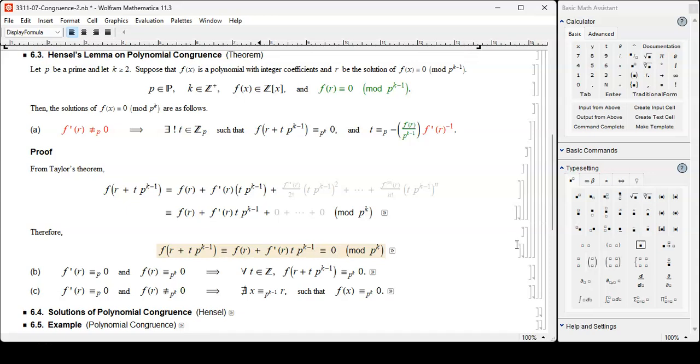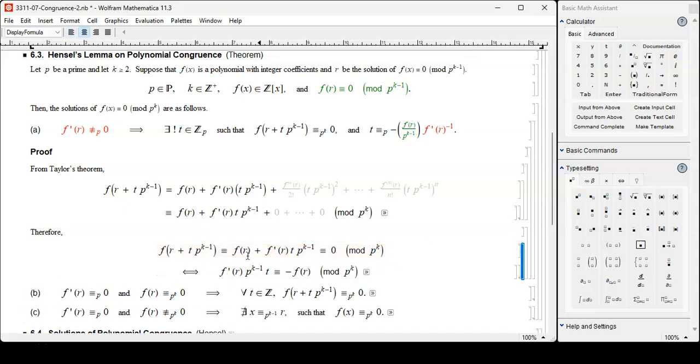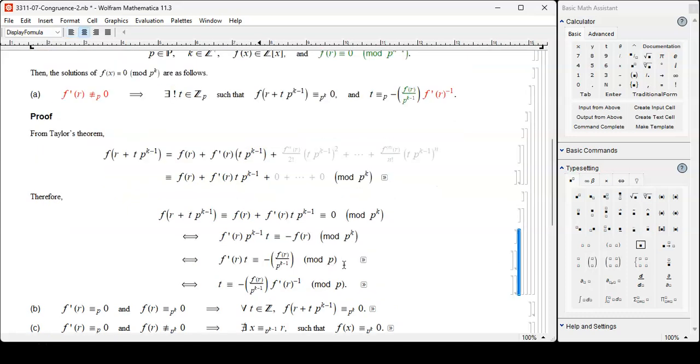But what does that mean? That means subtract one from the other, and that thing is congruent to f of negative r, and then flip this one to the other side, as we did in green. So divide everything by p to the k power. This one. So we get green, that's an integer.